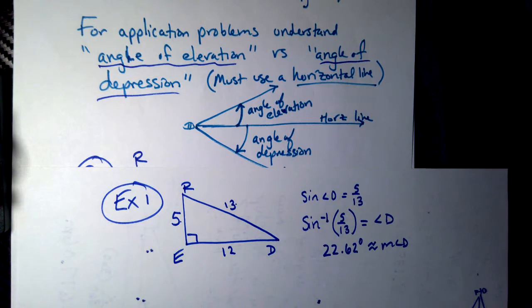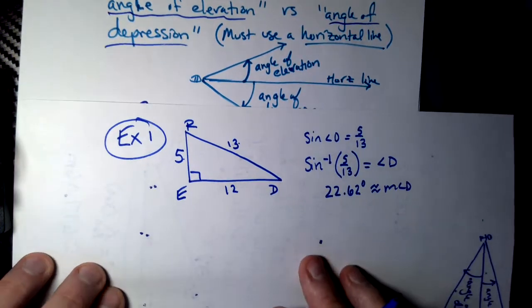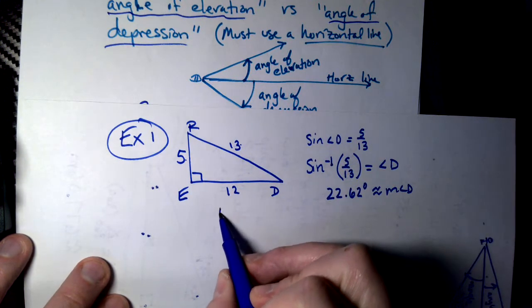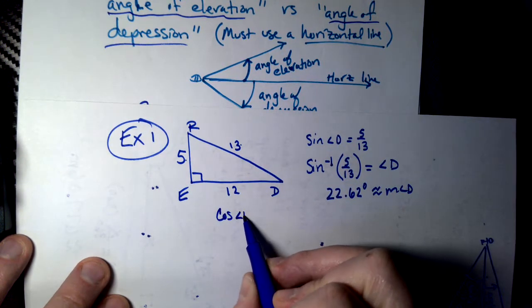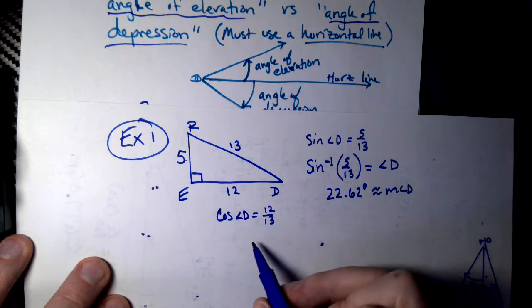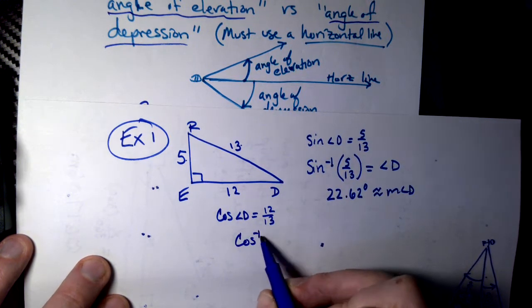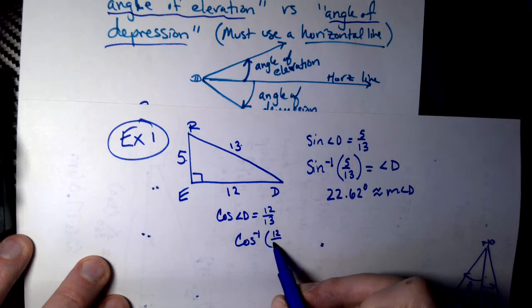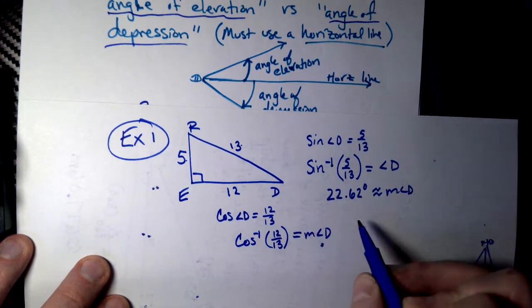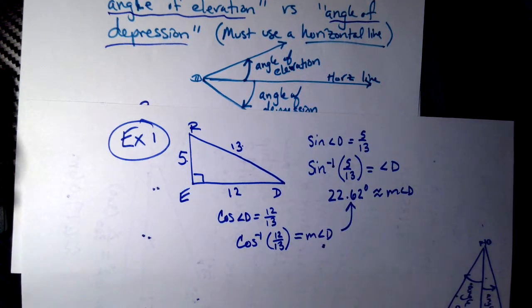Now, I picked sine randomly. I could have picked any trig ratio because I got all the sides. So, for example, if I picked the cosine of angle D, that would have been 12 over 13. If I do cosine inverse 12 over 13, that should give me the measure of angle D, and I should get the exact same number.